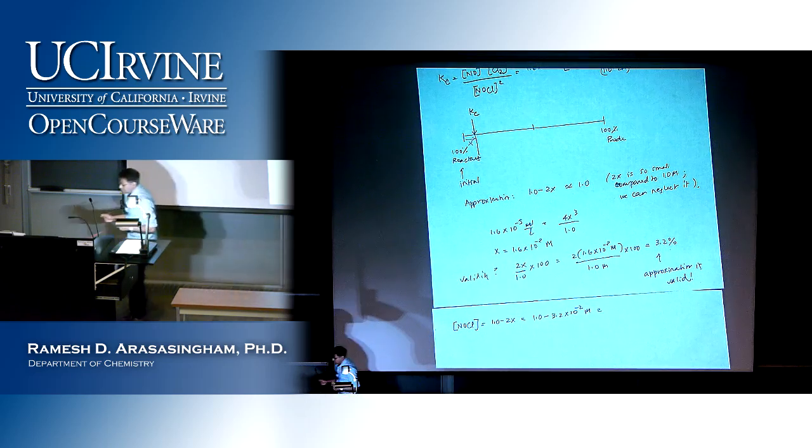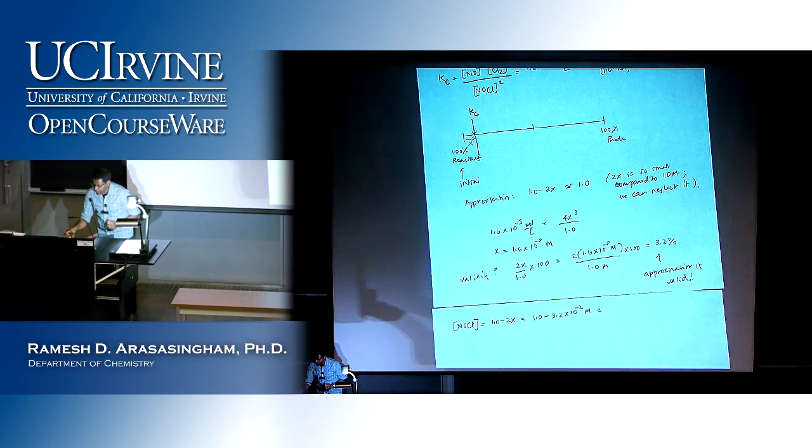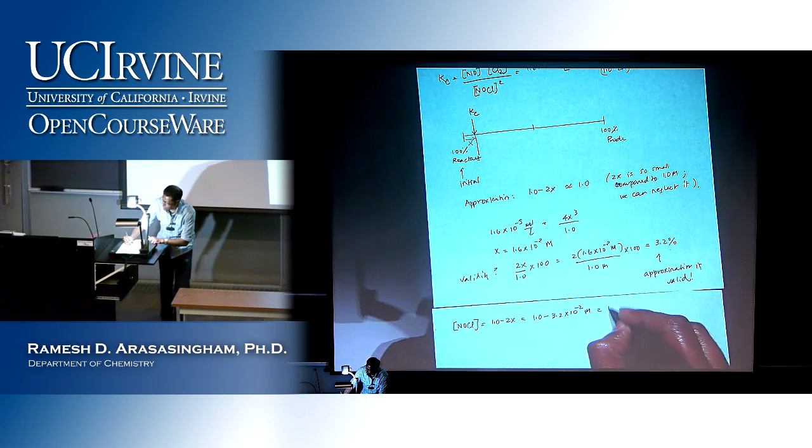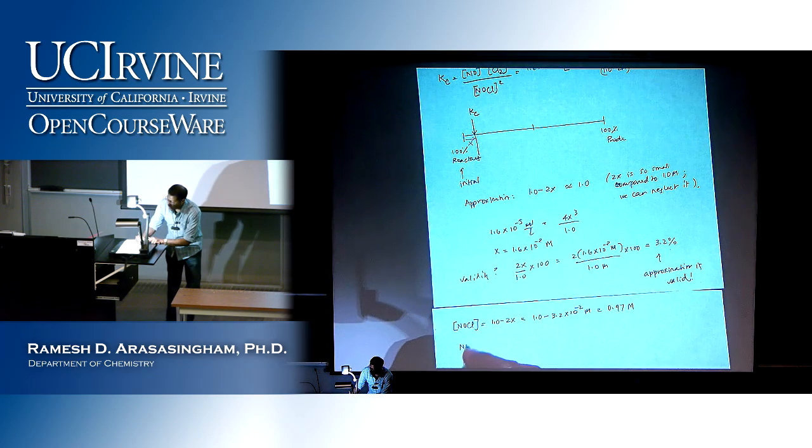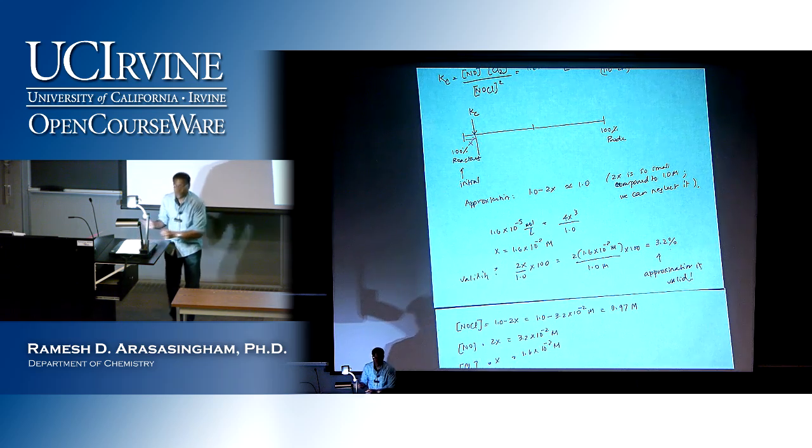And that comes out to be, NaCl would come out to be 0.97 molar. All right. NO, concentration of NO is 2x, which is 3.2 times 10 to the negative 2 molar. And then the concentration of Cl2 is x, which is 1.6 times 10 to the negative 2 molar.